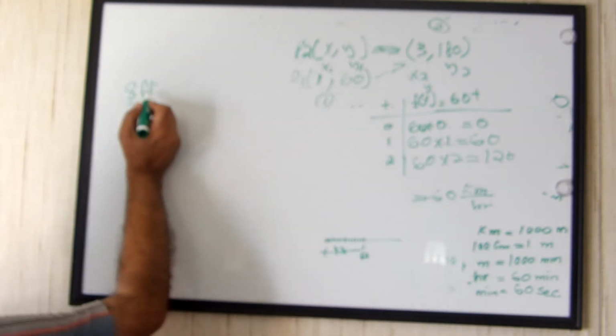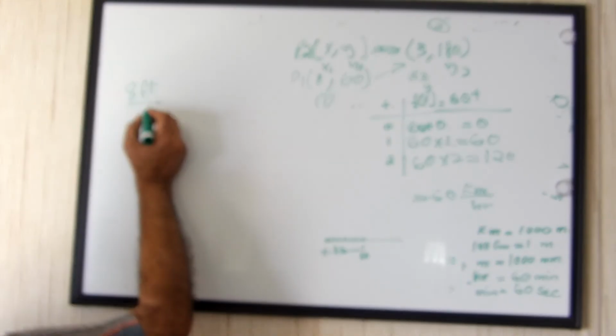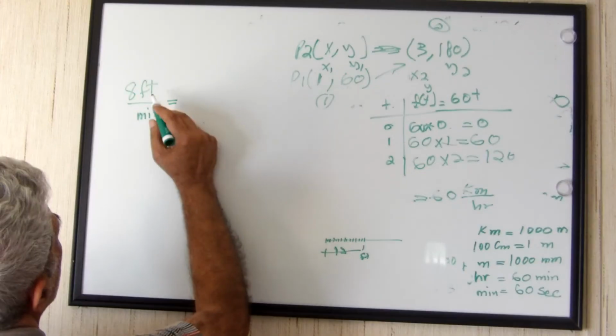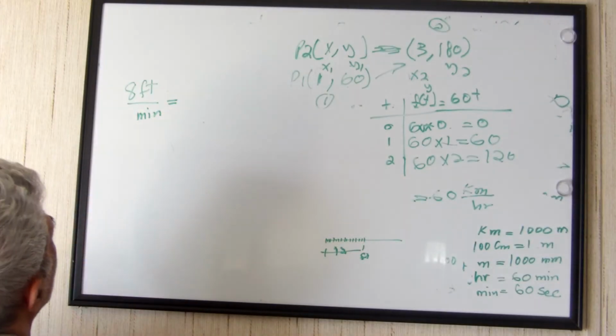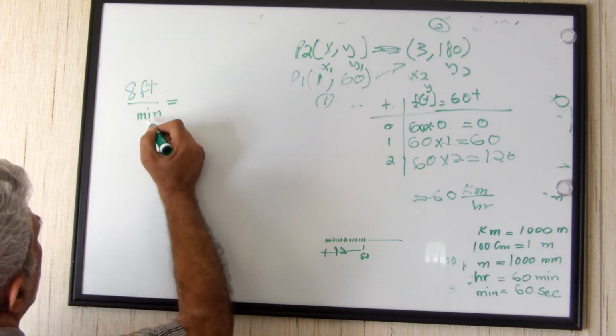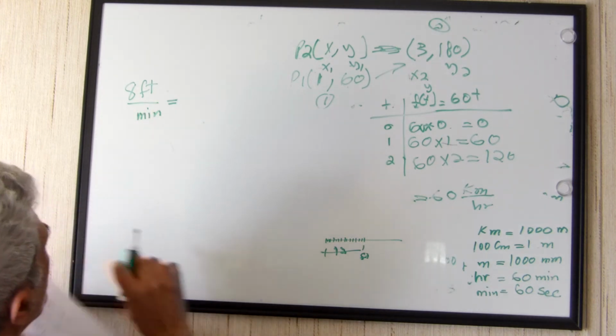We see 8 feet per minute. See, a car, I mean, a remote control toy, is going very slow. 8 feet per minute means every minute it is going 8 feet.